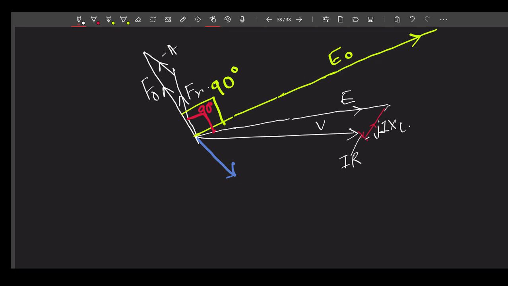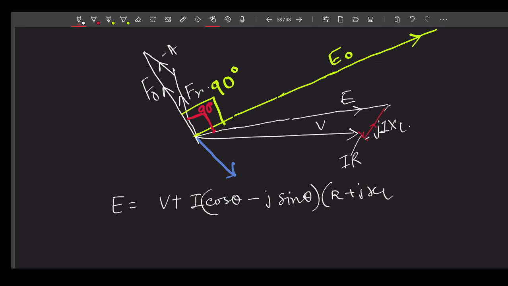So, if it is not required, then see what manipulation we can do here is that we can write the equation of E like V plus I cos theta minus j sin theta, since lagging load.